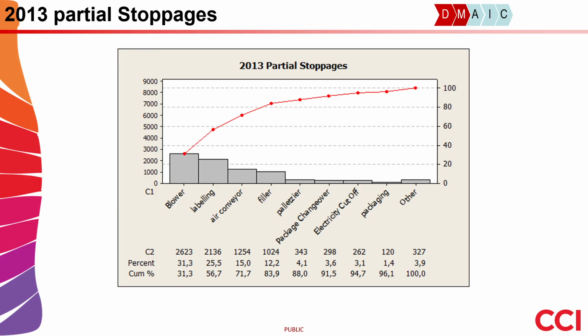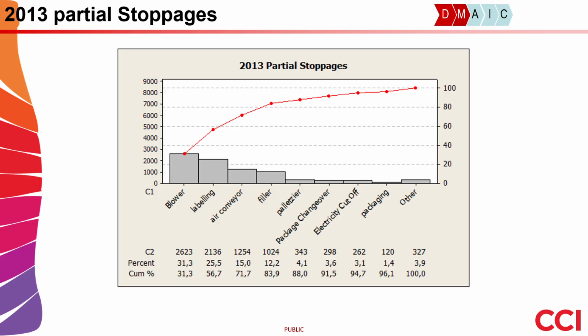So the Pareto analysis gives us an idea that if we just focus on the first four machines, that is blower, labeling, air conveyor, and filler, then these four machines account for 84% of the stoppages on that particular line.